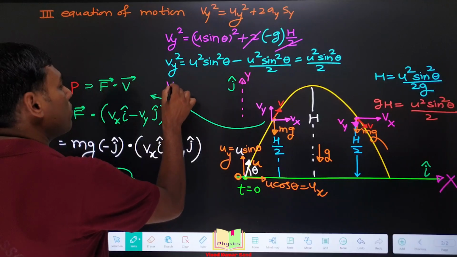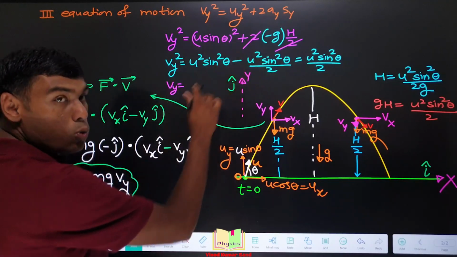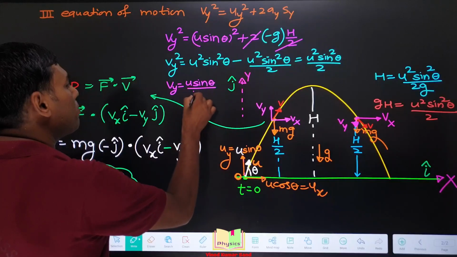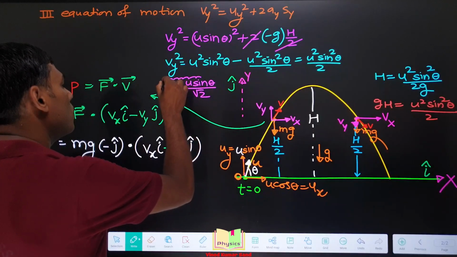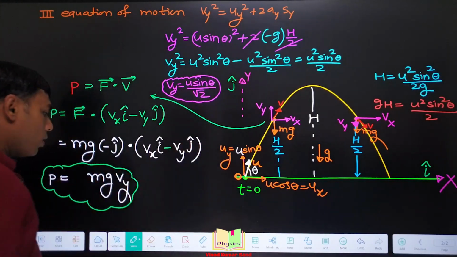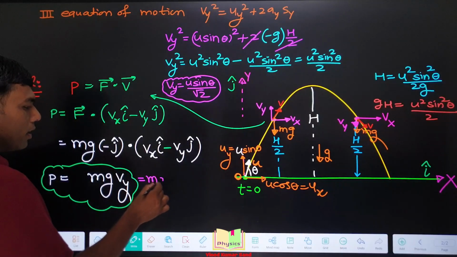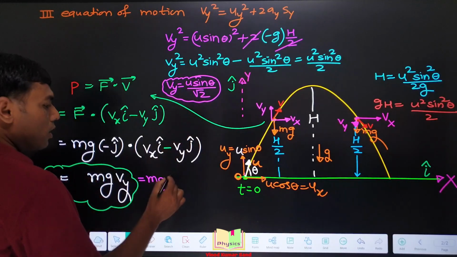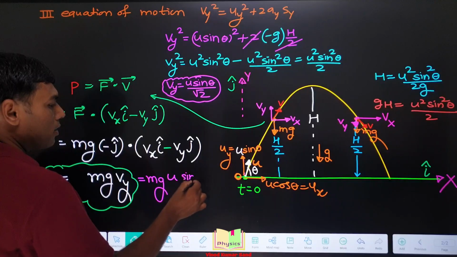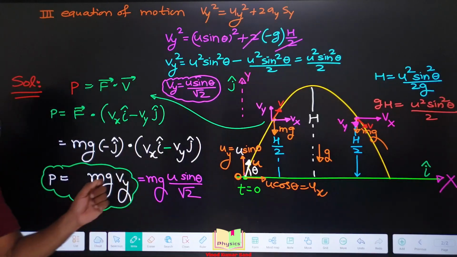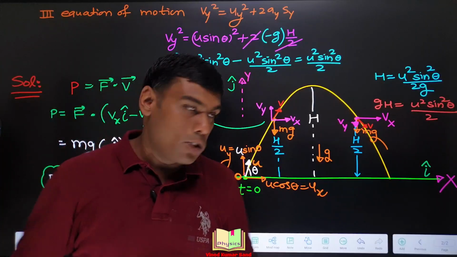So, how much will be the Vy? When you take the square root both sides, the Vy is u sine theta by root 2. This value of Vy, let us submit here. Then the power delivered is mg u sine theta by root 2. This is one probable answer.